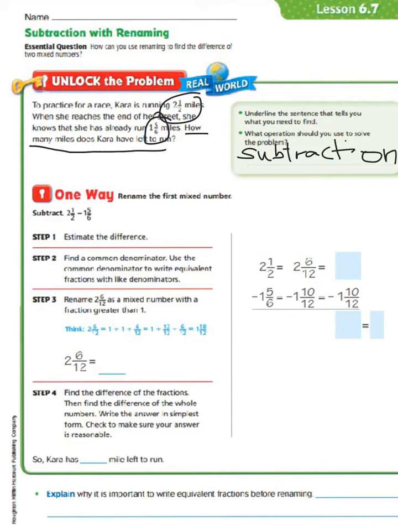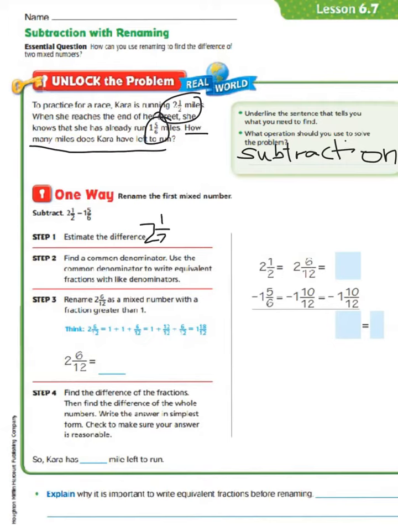All right, let's look at one way that we can do this. It says to rename the first mixed number. So we would subtract 2 1/2 minus 1 5/6. So step 1 says to estimate the difference. If we look at 2 1/2, we see that it already has a benchmark of a half, so we can pretty much leave that fraction alone.